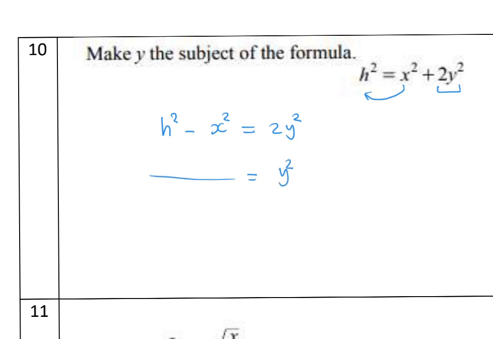So y squared equals h squared minus x squared over 2. Then how to remove the square? Square root. So you can solve: square root of h squared minus x squared over 2. Yes, this is the answer.